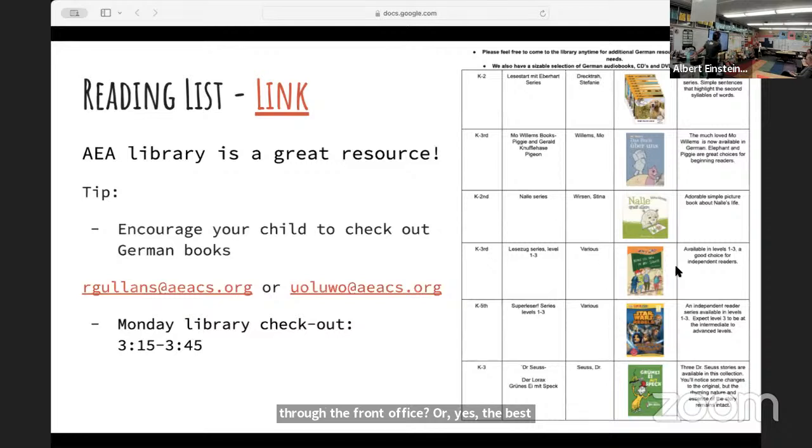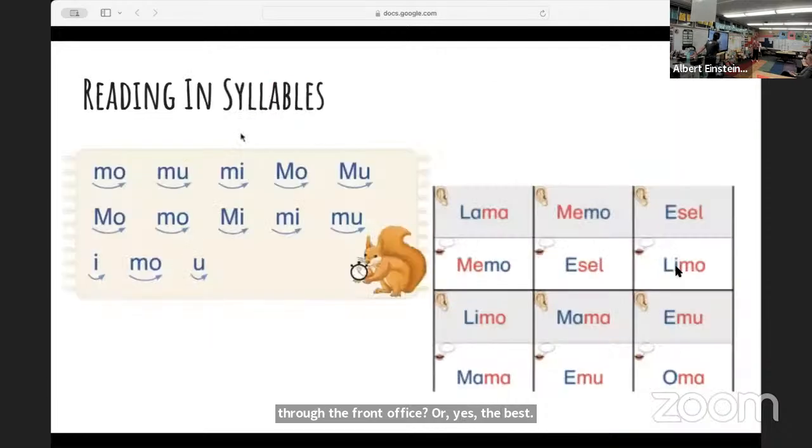So yeah, Frau, do you want to go over the reading itself? Oh, yeah. So you saw earlier the word Ohrenstädtchen. How do you approach that as a language learner and as a new reader? We start in first grade learning our sound system and then putting sounds together to learn how to read syllables.